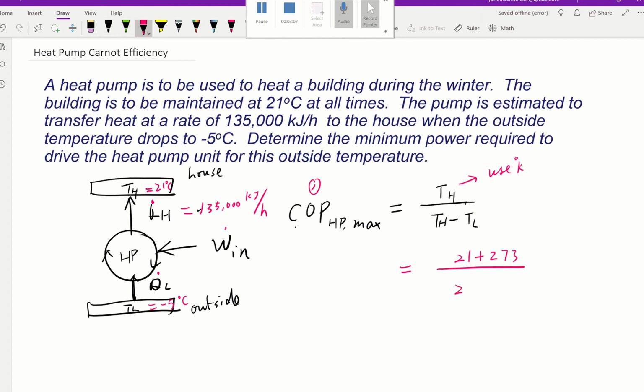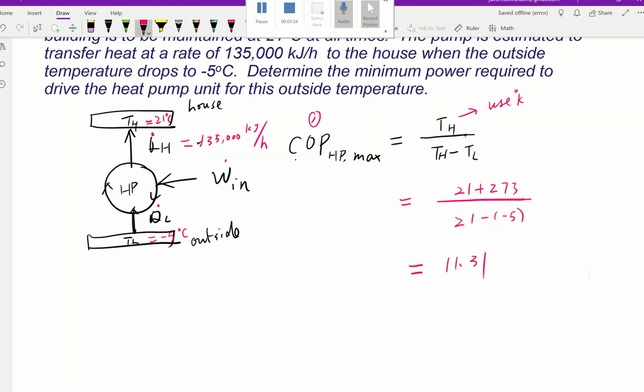TH is 21 degrees and TL is -5. And here, since it's a temperature difference, we don't need to add 273, right? And we get the same result. Then when we calculate that, we will get a value of 11.31.